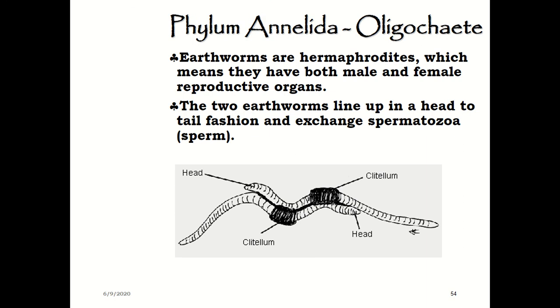And remember also, the earthworms are hermaphrodites, meaning they have both sexes in one body. However, two earthworms can line up in a head-to-tail fashion, as you can see in the figure here, and they will exchange their spermatozoa or sperm.